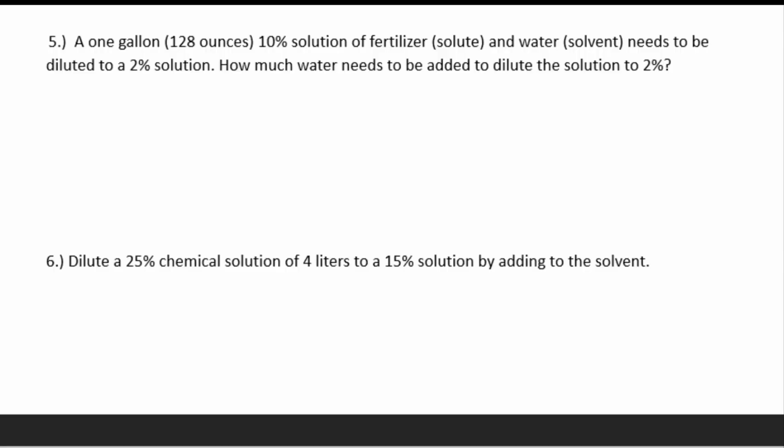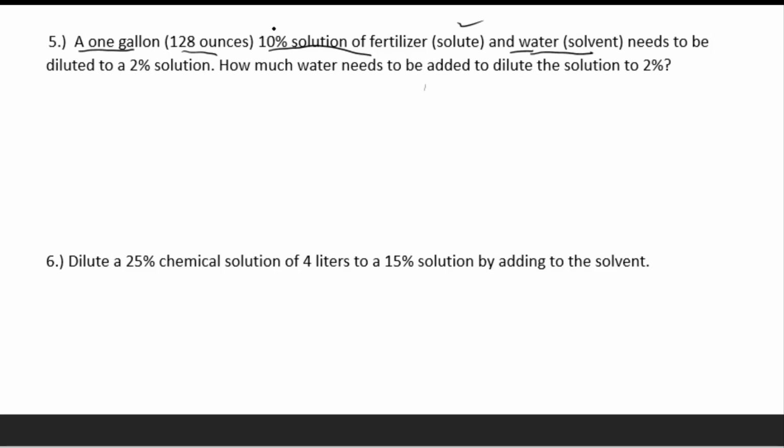Well, again, I don't want to give too much away, but I don't want to be completely confounded either, right? So this is a 1 gallon, 128 ounce, 10% solution of fertilizer and water. Solute is what's being mixed up in it. It's either the medicine or the actual ingredient, and water is where it's being mixed up in.